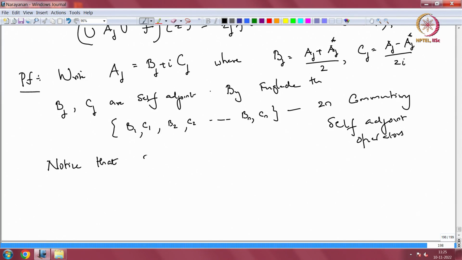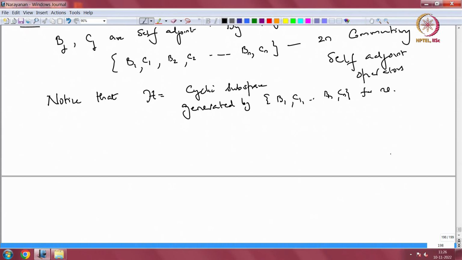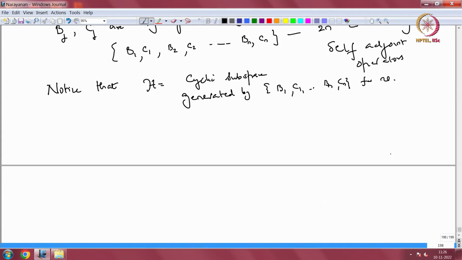So, notice that H is equal to, or let me simply write, the cyclic subspace generated by these operators B1 C1 etcetera up to Bn Cn for the vector V, right. So, this is the cyclic case of the spectral theorem for the 2n self adjoint commuting family of operators, right.